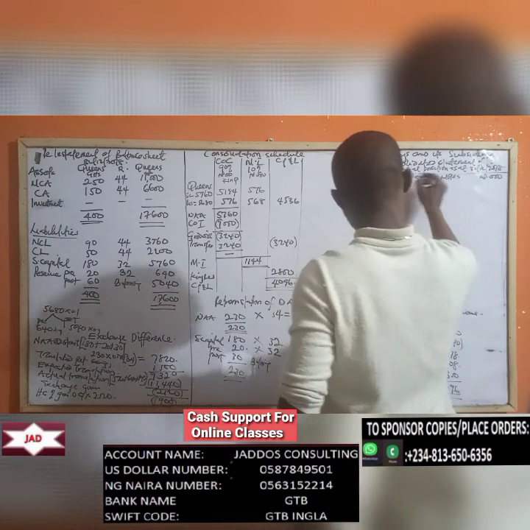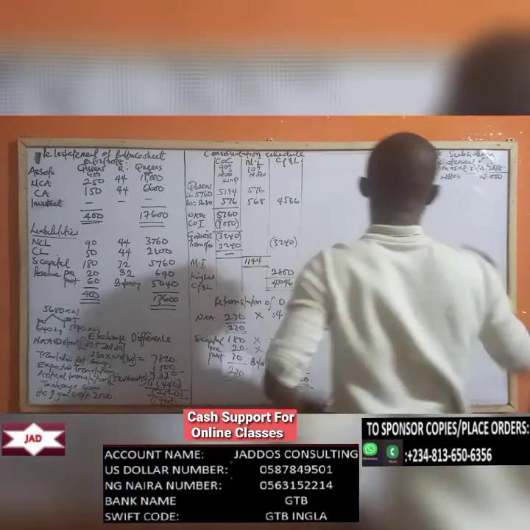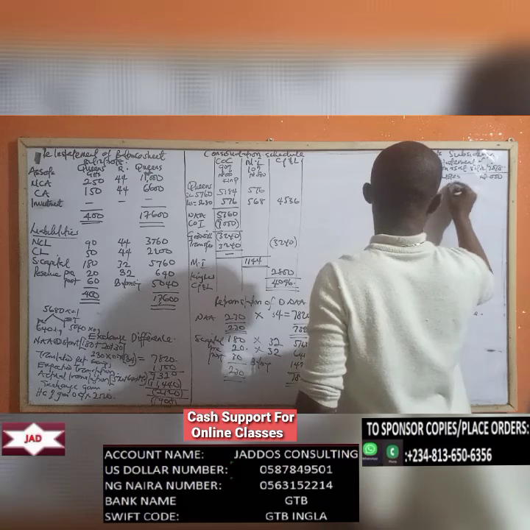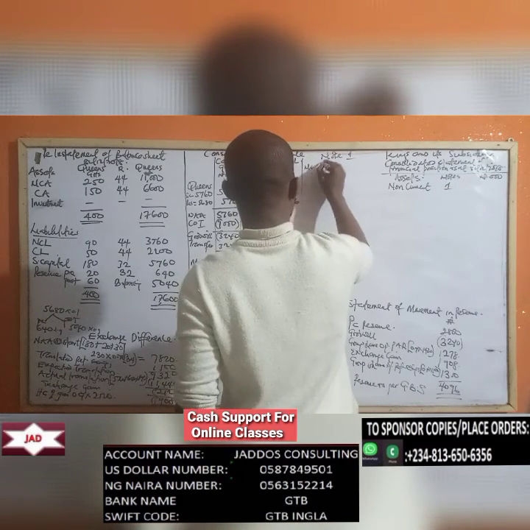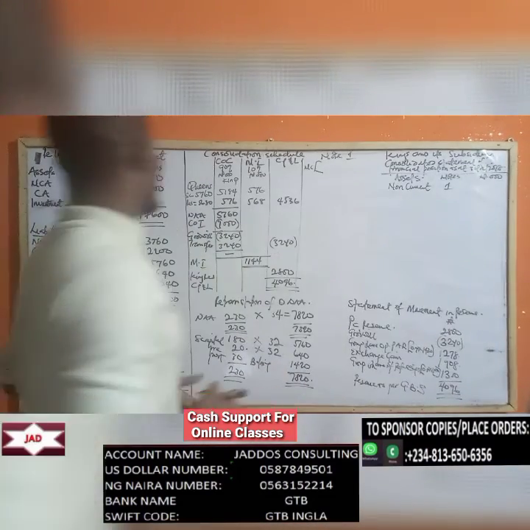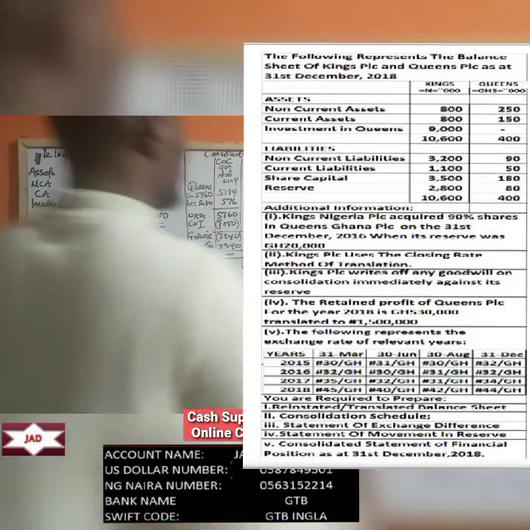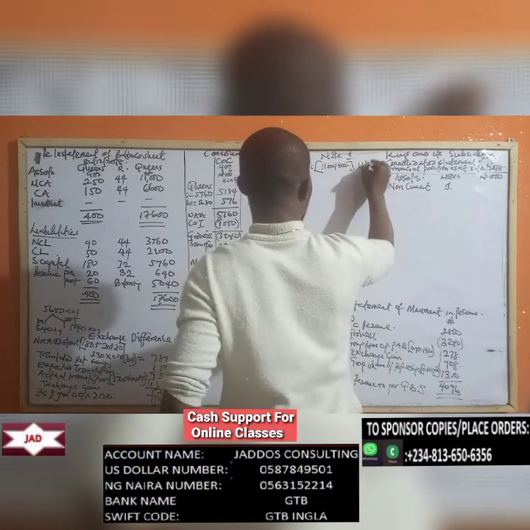Assets. Non-current, let's put note 1 here. Non-current will be Queens 11,000 plus Kings' own, which is 800. So we have 11,000 plus 800. So what do you have? 11,800.